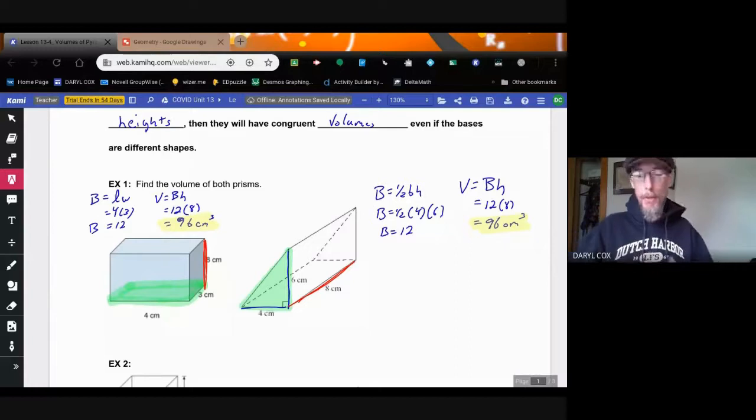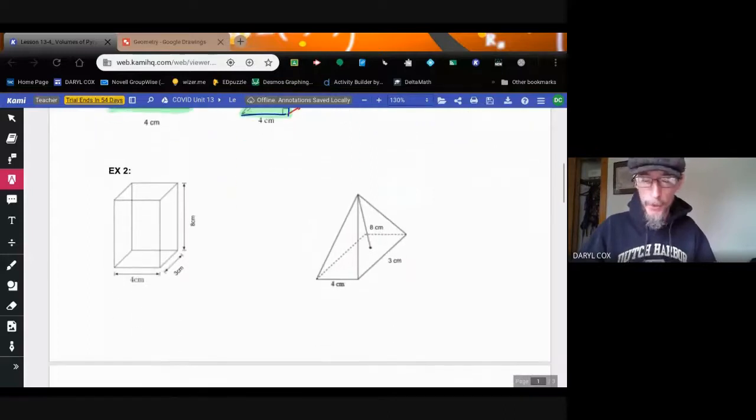We are talking about pyramids and cones today. And we did mention that a pyramid and a cone are 1/3 of their respective rectangular figures, their respective prisms. So in this case, notice what we have here. I've got my prism and my pyramid. Let's see.